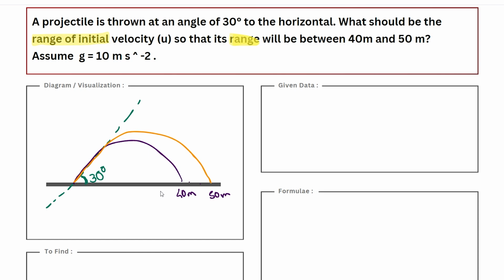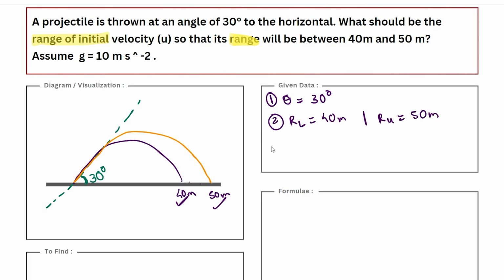So first, let's start with our given data. The first quantity given to us is the angle of projection theta, which is 30 degrees. The second quantities given are the lower limit and the upper limit of this horizontal distance, that is this range. I am going to represent the lower limit of range as RL, which is 40 meters, and the upper limit as RU, which is 50 meters.